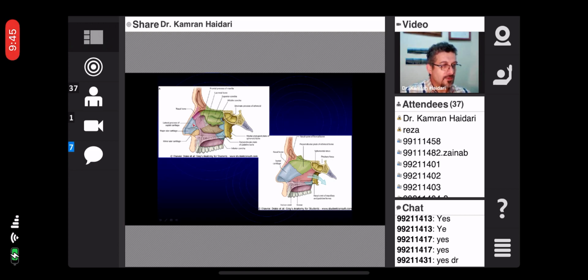The blue-grayish, if you want to distinguish it, this color differs from this bone. This is the palatine bone, light blue, and you can see the remaining part of the palatine bone here. This is the cartilages of the external nose.